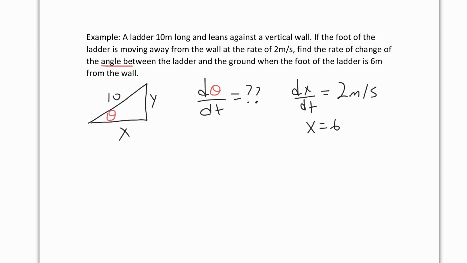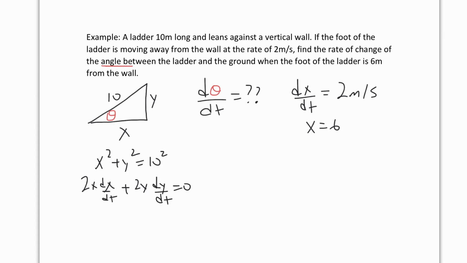Now let's go ahead and try to solve this problem. Well, we need some type of equation. And you might say, oh, Pythagoras, right? x squared plus y squared equals 10 squared. And that is true. And if we do the derivative, we'd get 2x dx dt plus 2y dy dt equals 0.